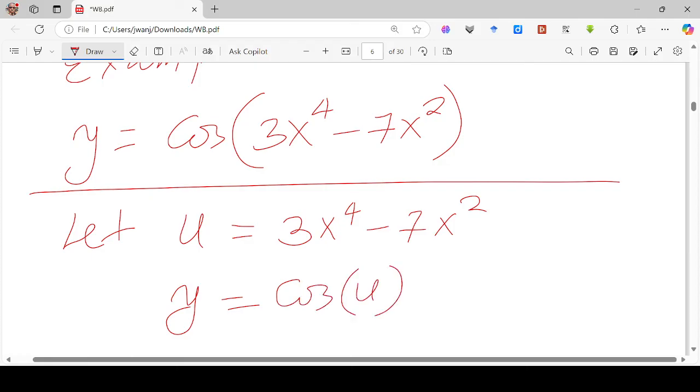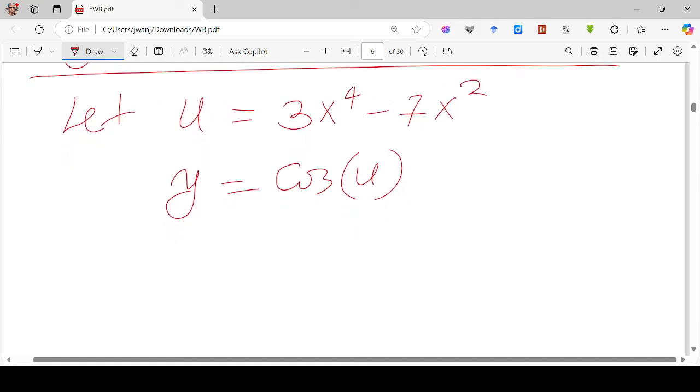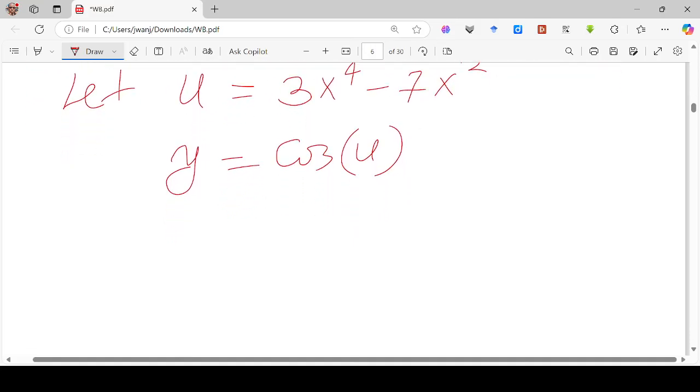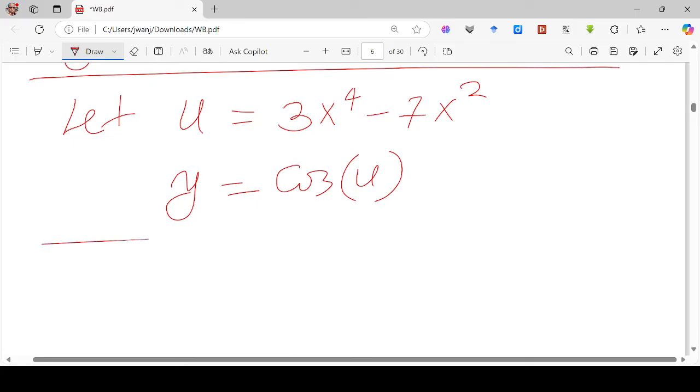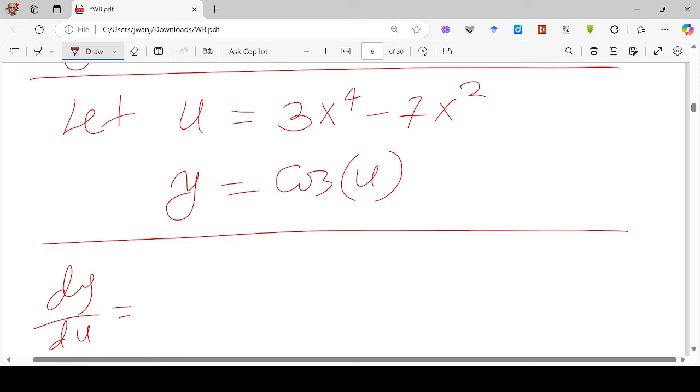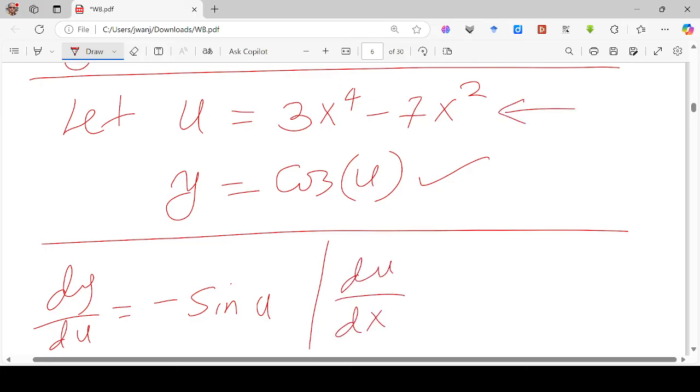So we can now differentiate y with respect to u and u with respect to x. We can find dy by du, because now y is a function of u, which will give us minus sine of u. We can also find du by dx by differentiating this expression here, which will give us 12x raised to power 3 minus 14x.